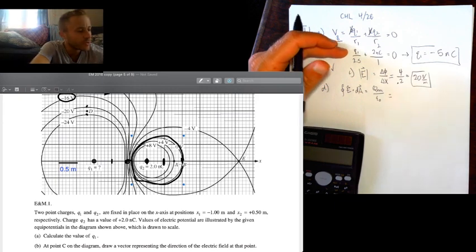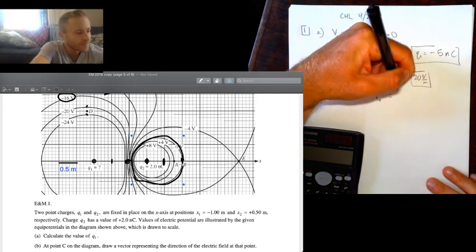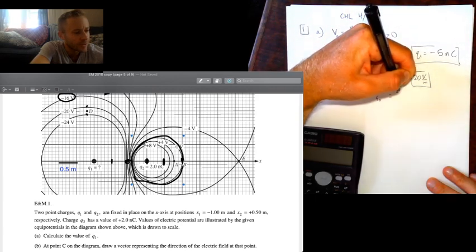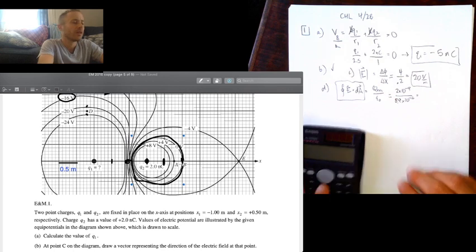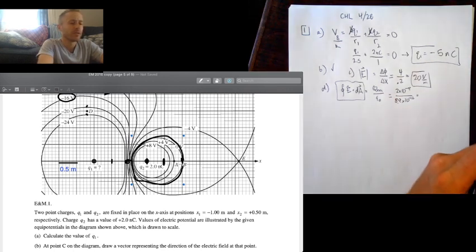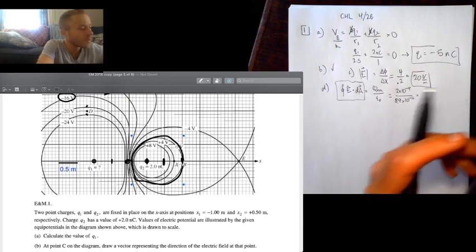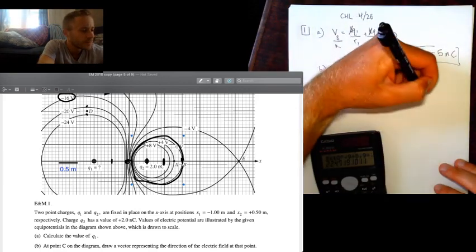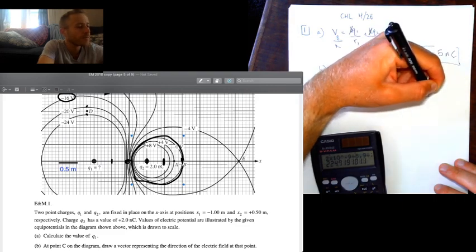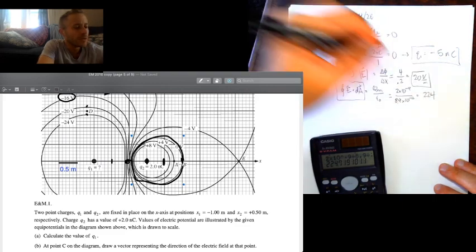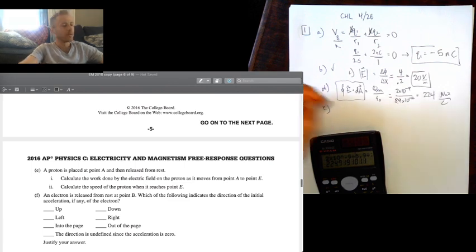So the charge enclosed is 2 nanocoulombs. So that's 2 times 10 to the minus 9. And epsilon naught is 8.9 times 10 to the minus 12. 2 times 10 to the minus 9 divided by 8.9 times 10 to the minus 12 is 224 newton meter squared per coulomb.